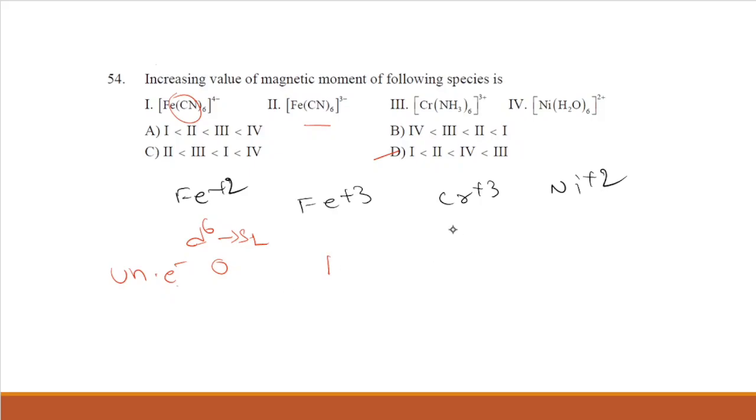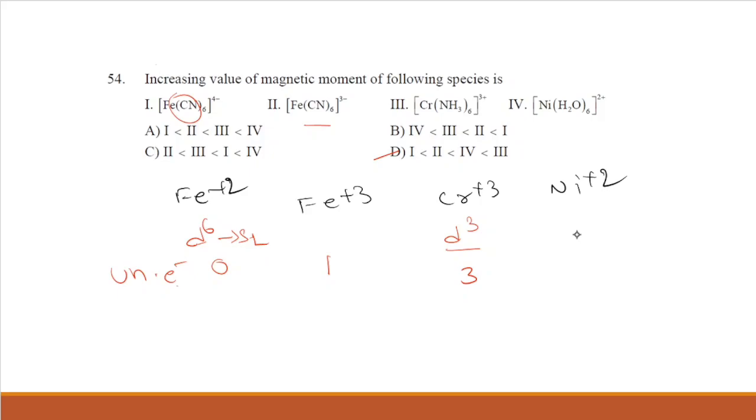In case of Cr plus 3, the configuration is d3, 4s0, those 3 electrons remain as they are because the ammonia ligands approach through the remaining orbitals direction. So it contains 3 unpaired electrons.